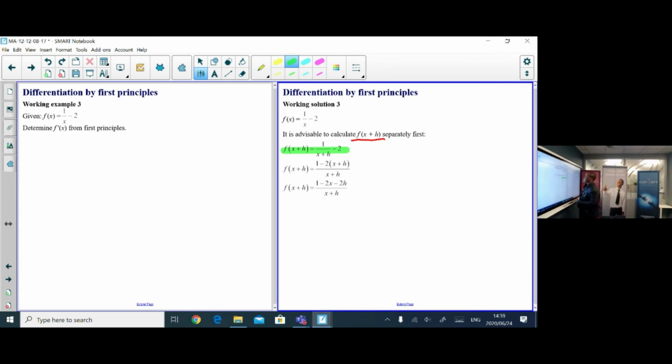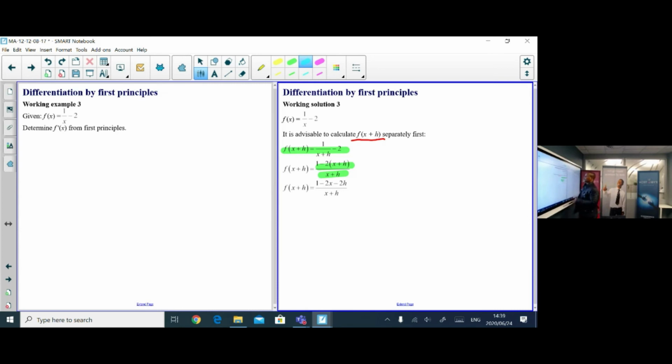Then we can make it slightly into another form by using a common denominator, and we get to that stage. Then finally, we can remove the brackets, because we are usually expanding when we are finding these derivatives.